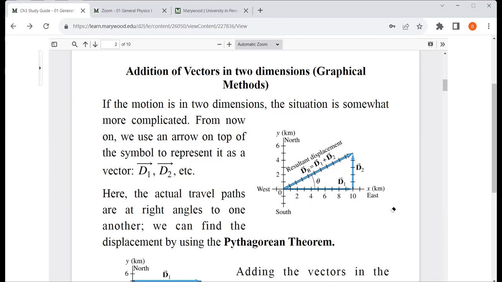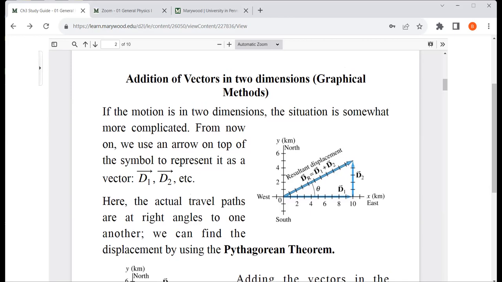Okay, all right, so before all that, let me tell you that from now on, when we write a vector, we use an arrow on top of it. For example, if we want to write the displacement, we have to draw an arrow on top of it. You have to draw an arrow on top of a velocity vector because velocity is a vector.